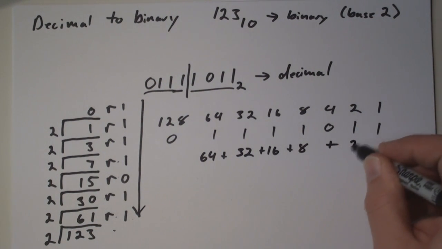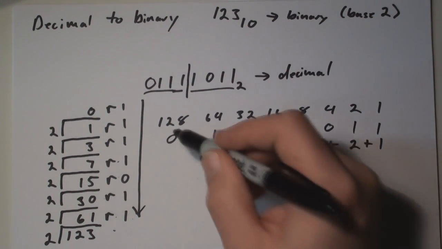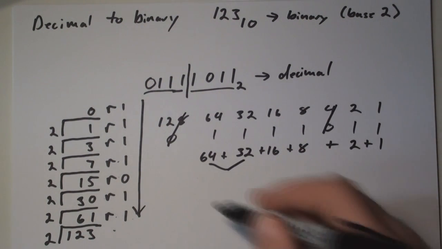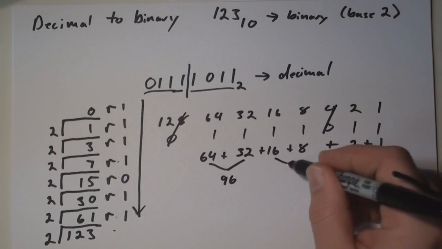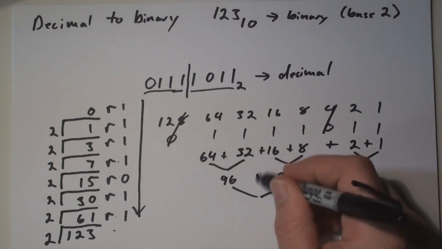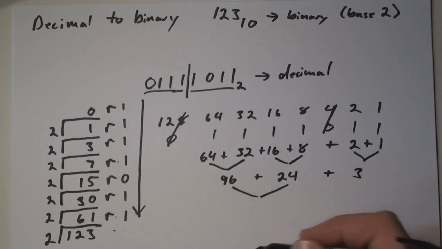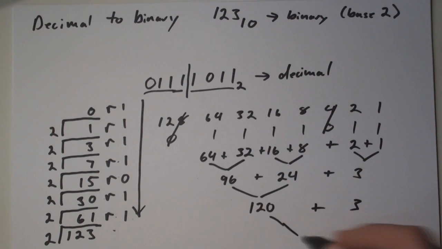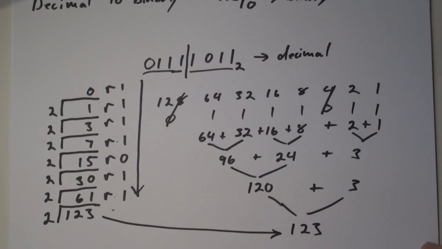And I don't need any place there's a 0. 0 times 128 is 0. 0 times 4 is 0. So I'm going to get rid of those. And then I'm going to add these together. 64 plus 32 is 96. 16 plus 8 is 24. 2 plus 1 is 3. 96 plus 24 is 120. 120 plus 3 is 123. And 123 is our original number. So we went from decimal to binary back to decimal.